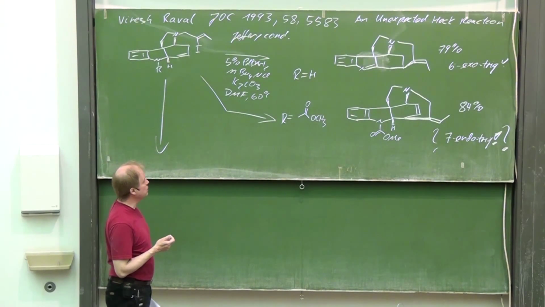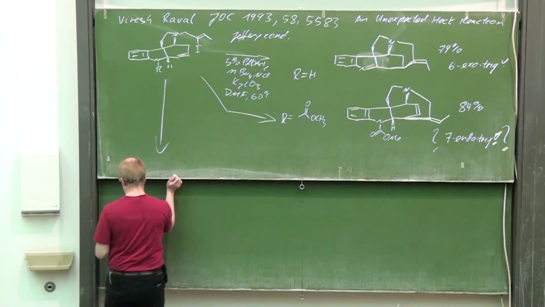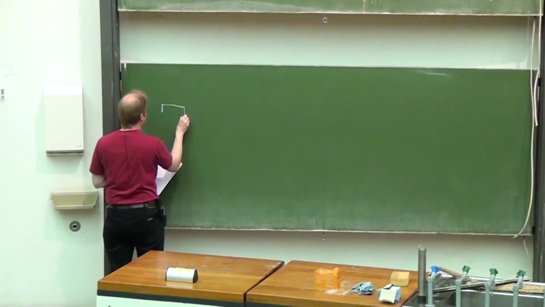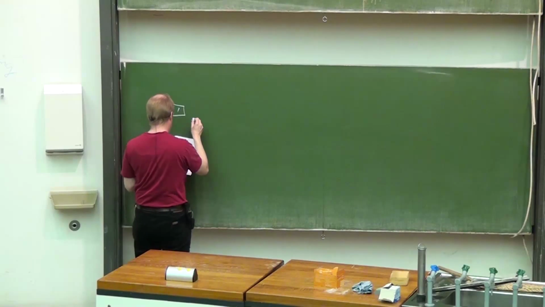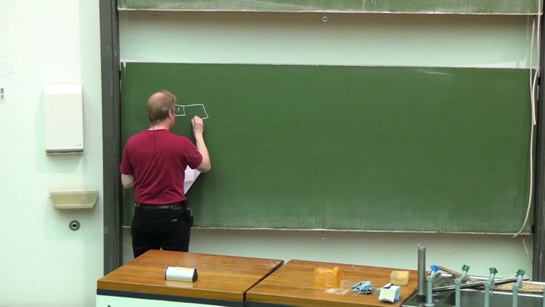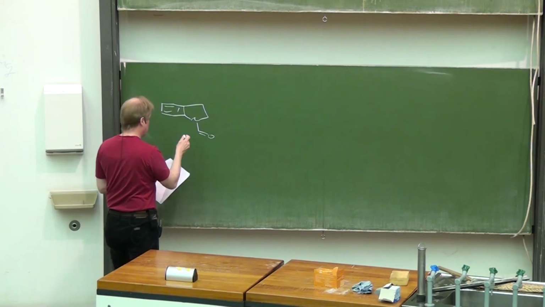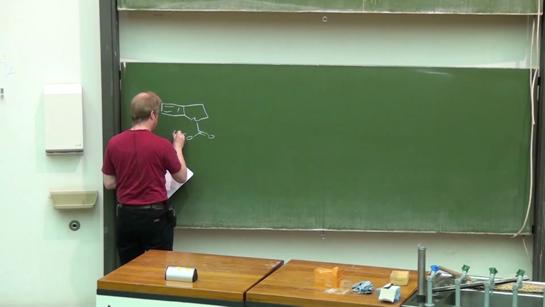Why not assume that in the first step the same thing happens as in the first example? So that means again a 6-exo-trig cyclization.